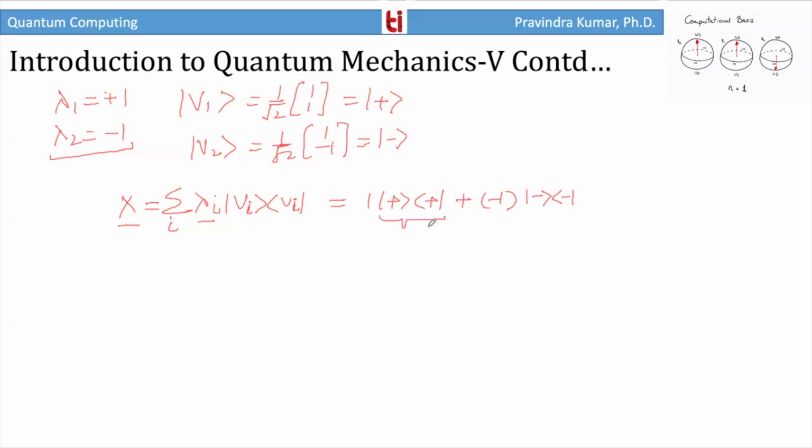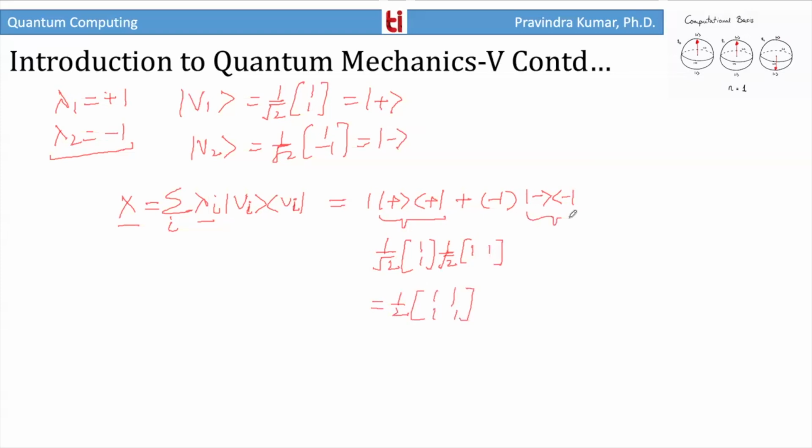This outer product, ket plus bra plus, will be equal to 1 by under root 2 ket (1, 1) and 1 by under root 2 bra plus, the row matrix (1, 1), which will be equal to 1 by 2 times the matrix 1 1 1 1.